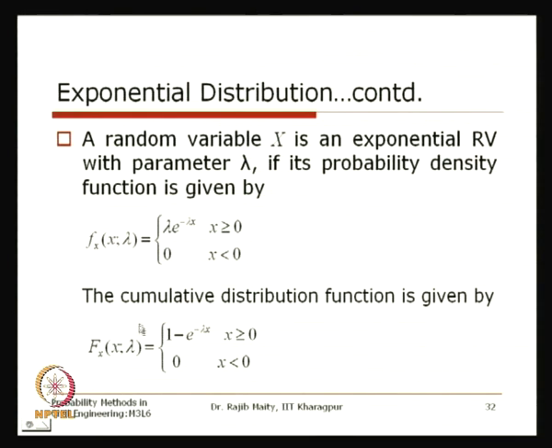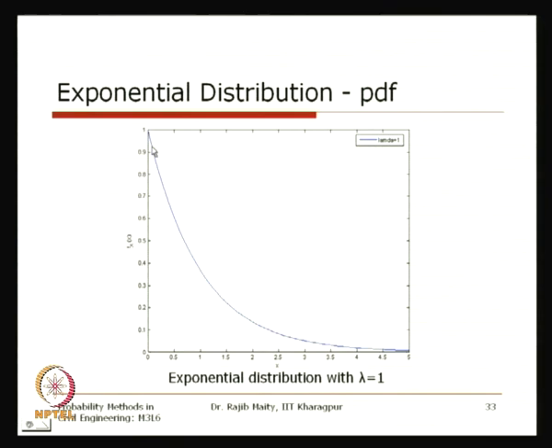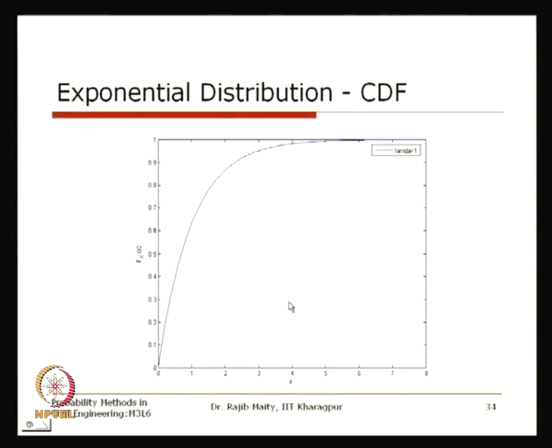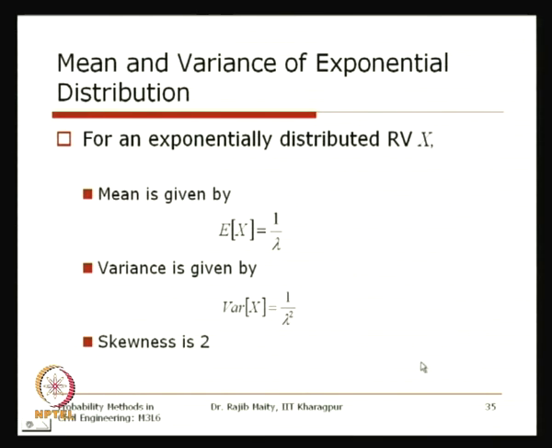In the earlier lectures we have also seen that the cumulative distribution function is 1 minus e power minus lambda x. The PDF with a particular value of lambda equals 1 looks like this, and its cumulative distribution looks like this, starting from 0 and going asymptotically to 1 at x equals infinity.